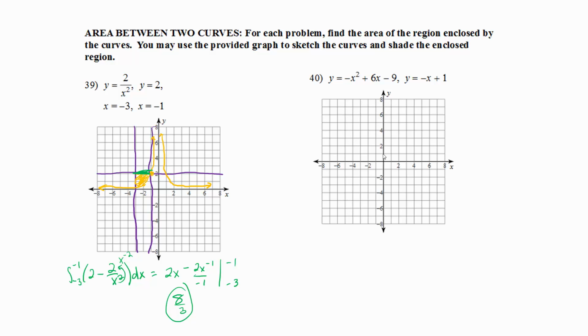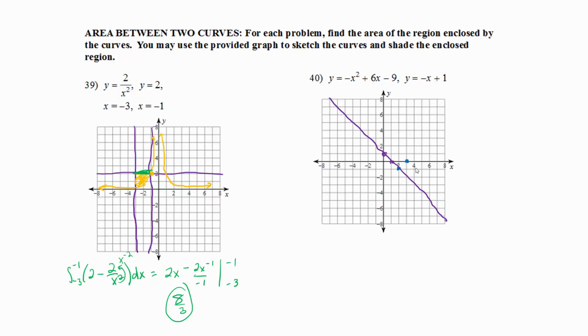On 40, to graph this, we have a line that starts at 1 and then has a negative slope. This time they didn't give us boundaries, and so our boundaries are going to be where these intersect, which means that you want to make sure to draw your graph well so that you can tell where they intersect. This parabola has a point at 3, 0.